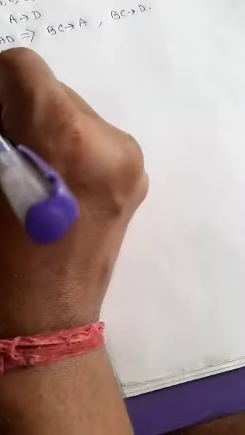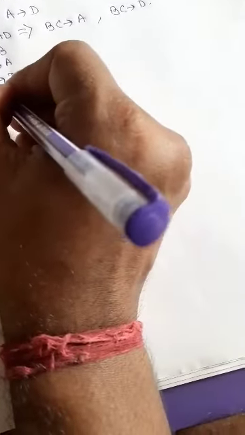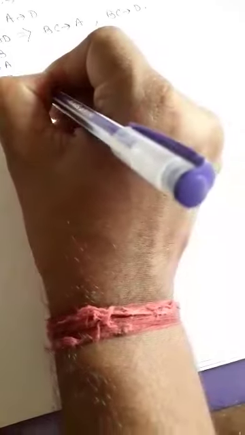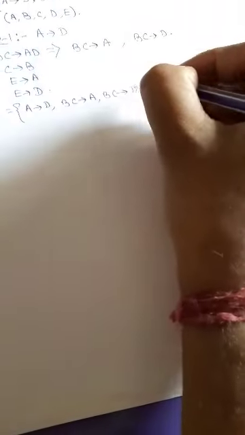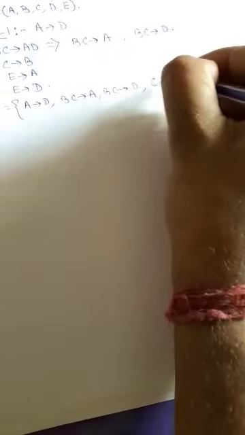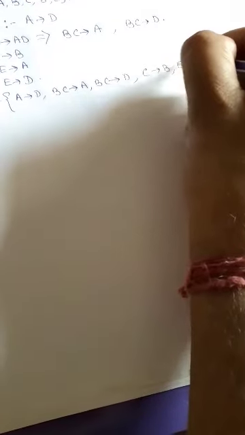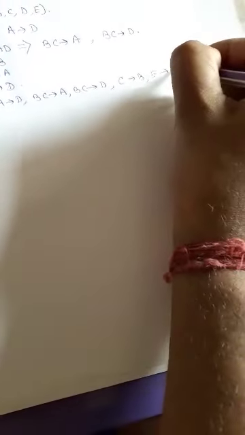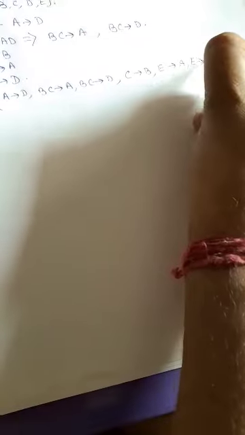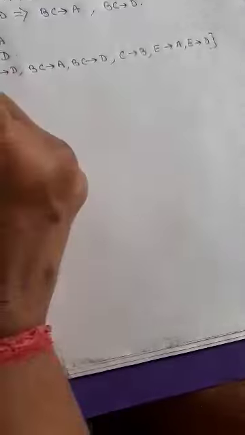So our set of functional dependencies becomes A → D, BC → A, BC → D, C → B, E → A, E → D. So after step 1 we get the set F as this. Now step 2.